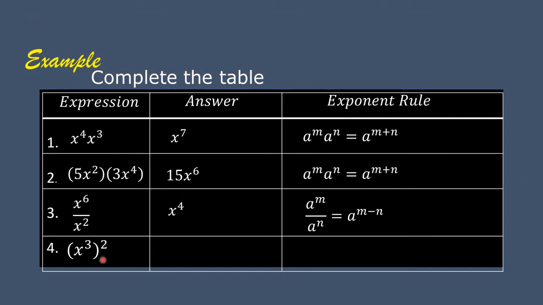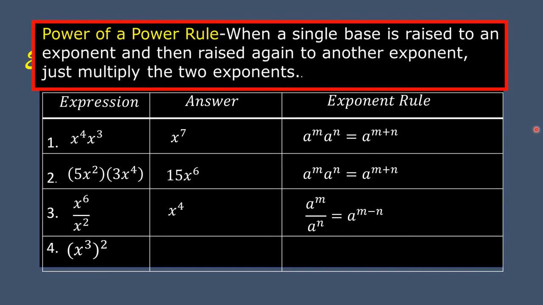Number 4, x cubed is raised again to another exponent 2. According to the power of a power rule, when a single base is raised to an exponent and then raised again to another exponent, just multiply the two exponents.